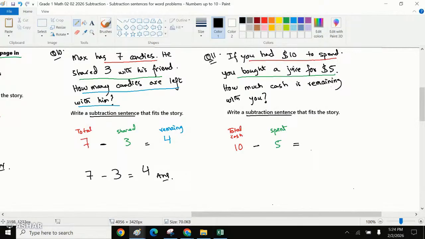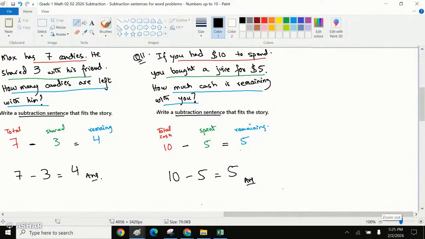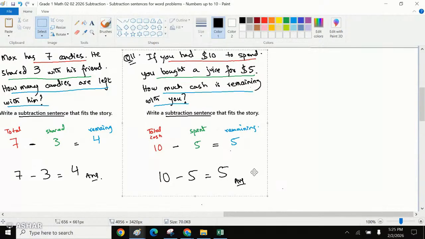So you would be left with $5. That means we can say 10 minus 5 is equal to 5. Okay. One more question, then we'll try doing the quiz. So let's try another question. Question number 12.